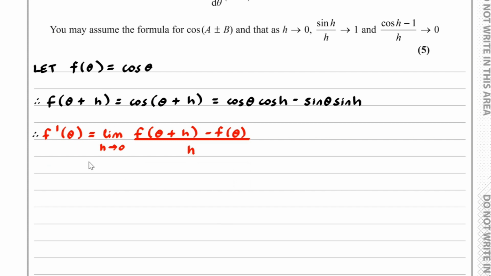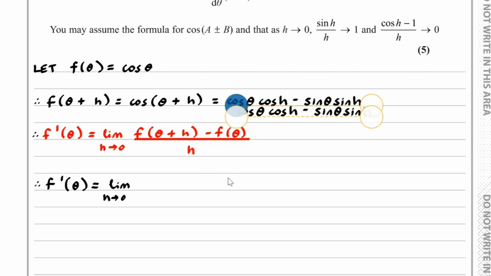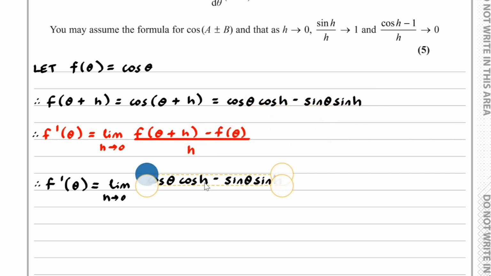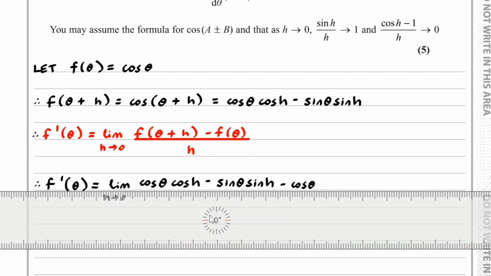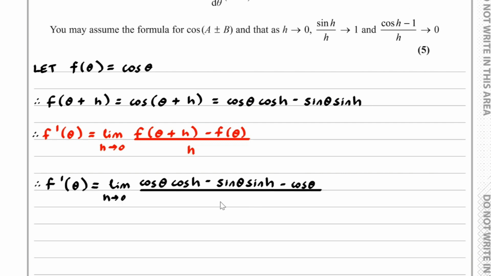So using what we know, f dash of theta is equal to the limit as h tends towards 0 of, well, we've got f of theta plus h, which we've just defined over here. And then we subtract f of theta, which is cos theta, and then we divide this by h.